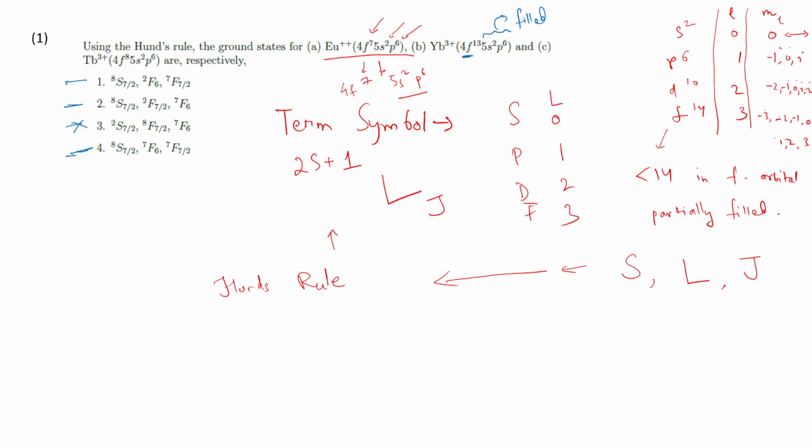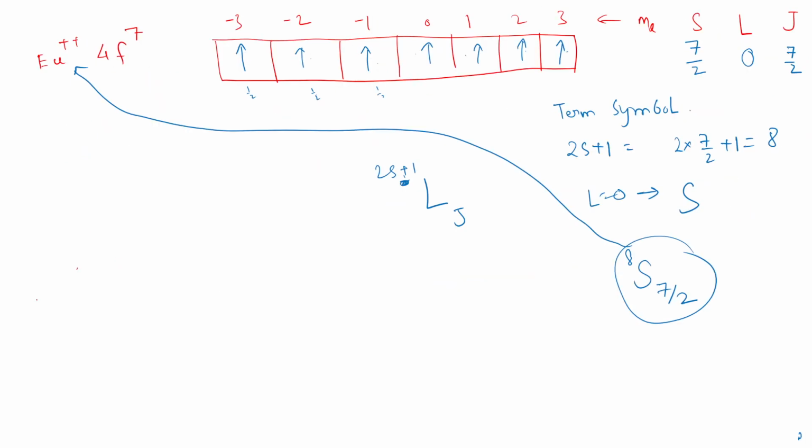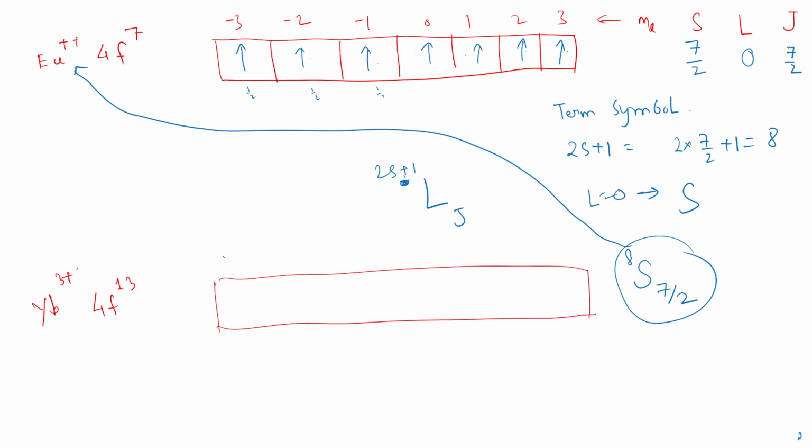Here Yb3+, this is 4f13. Here also we will do a similar thing: minus 3, minus 2, minus 1, 0, 1, 2 and 3, and we will try to make the boxes.